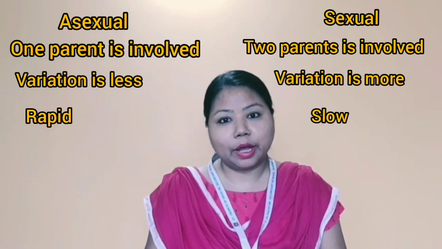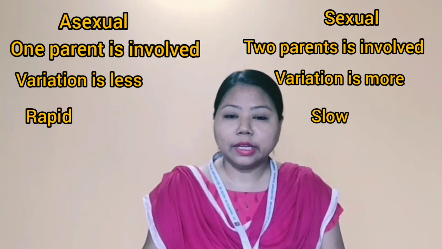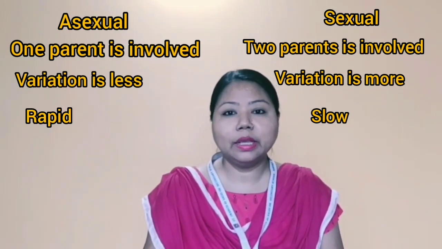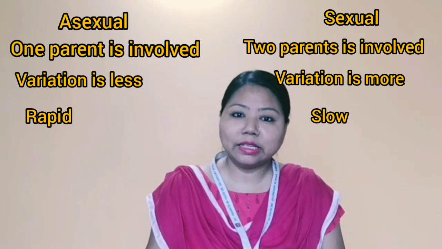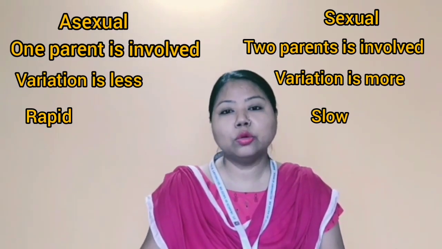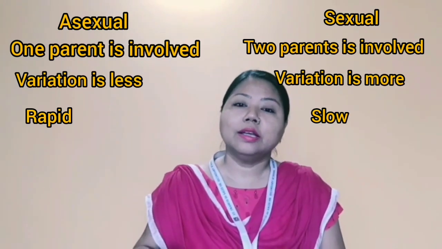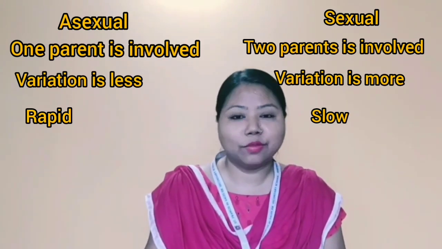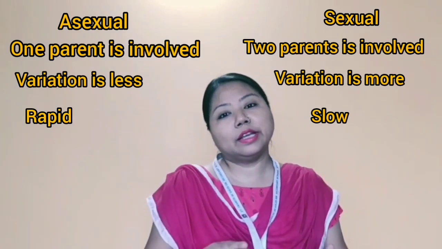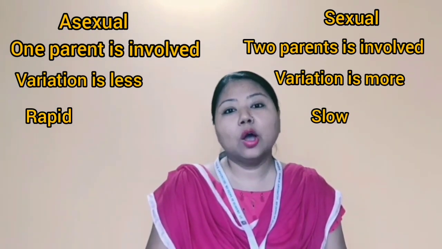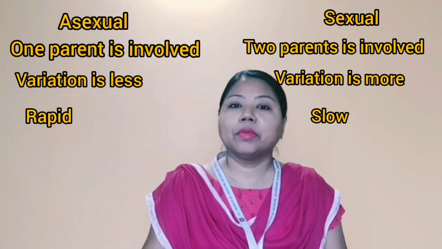In asexual reproduction, the organisms can simply divide the cells from 1 to 2 and then from 2 to 4. In this way, asexual reproduction can take place very easily. But sexual reproduction is a complex process.